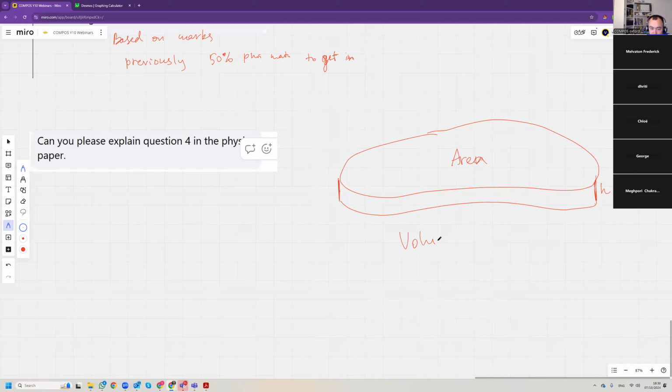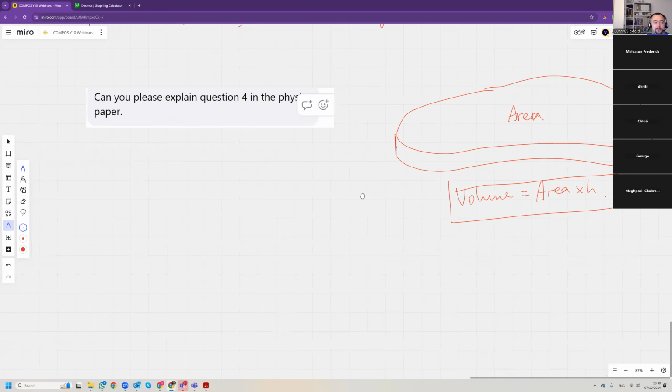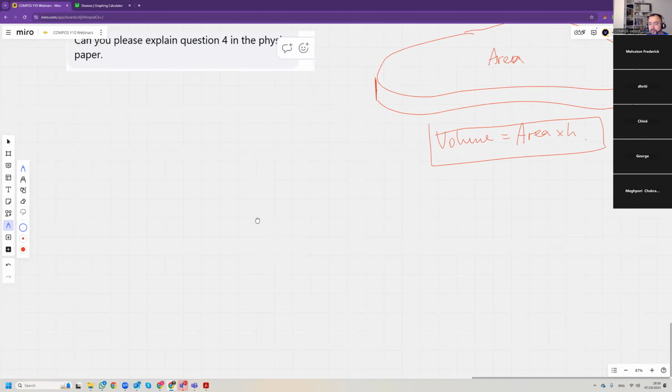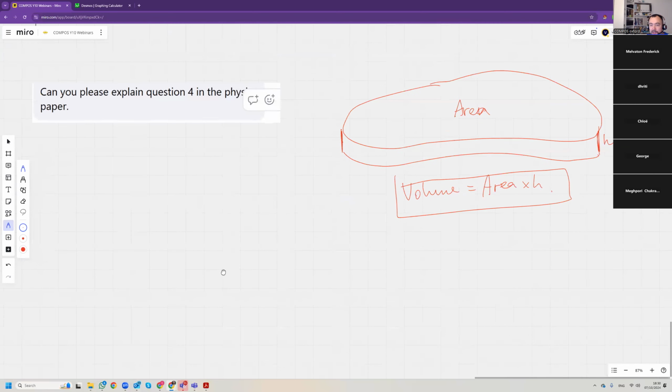So the volume is area times height. And then when it heats up, or whatever happens, when the volume increases, you can calculate the new height because the area doesn't change.